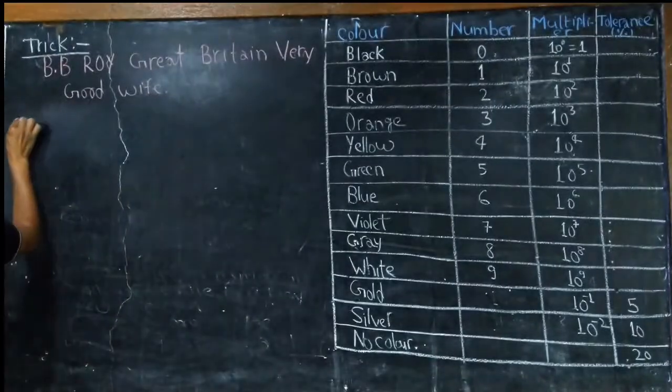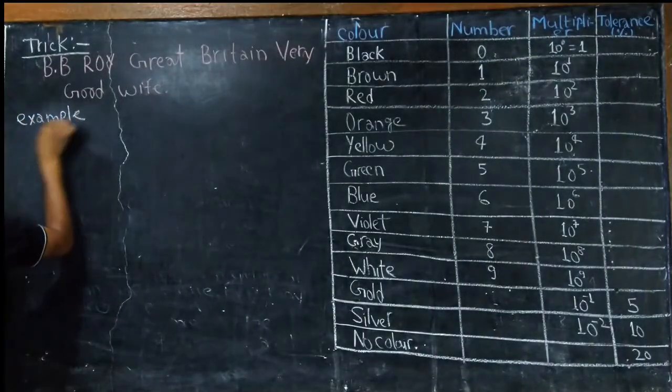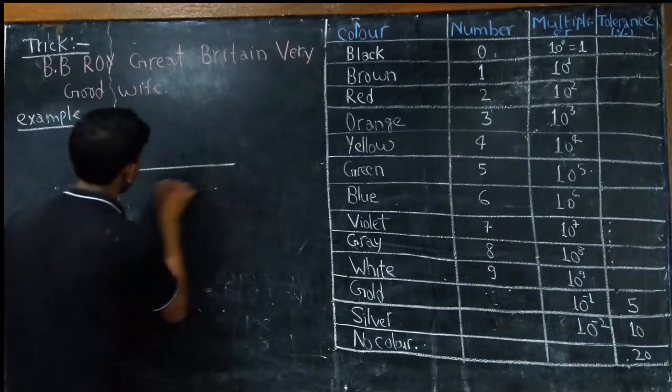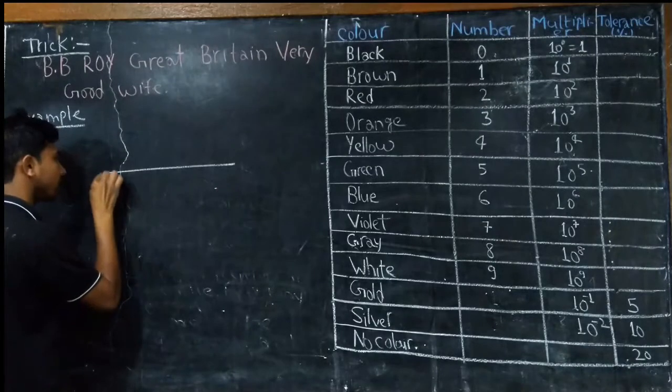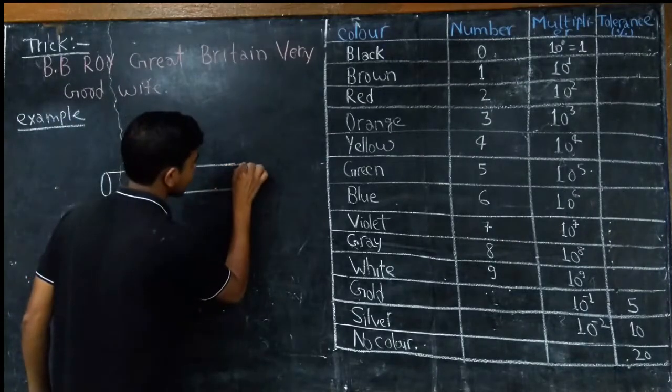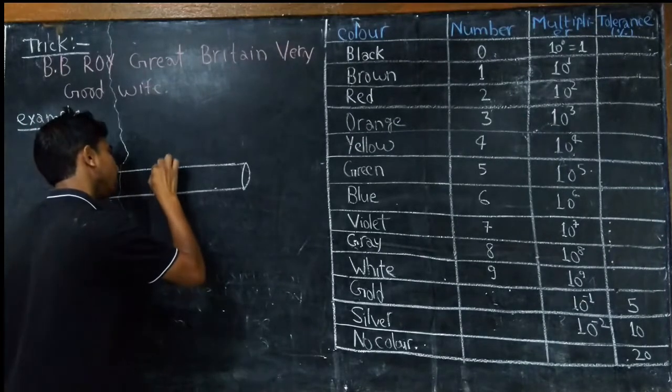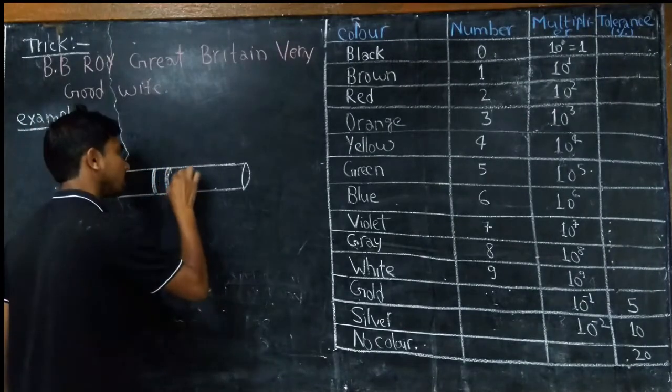So, first example I'm going to take. Suppose this is your resistor, and this resistor is colored with 4 different colors.